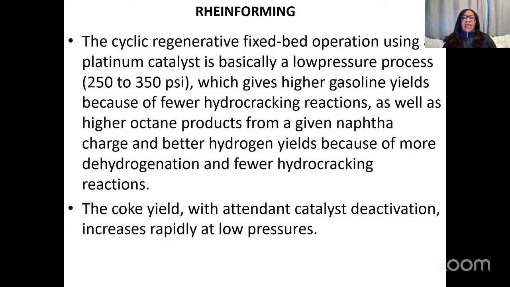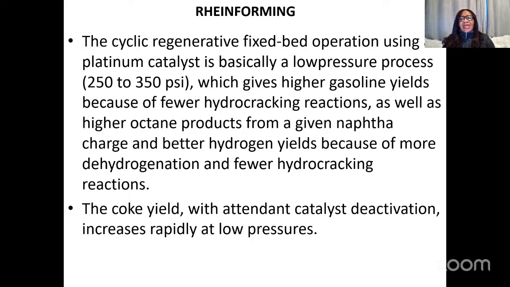So, and naphtha, of course, is the aliphatic straight run compounds. And then it also gives better hydrogen yields because it's doing fewer cracking reactions.